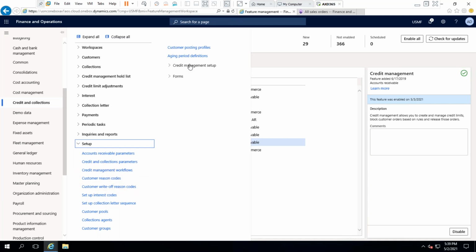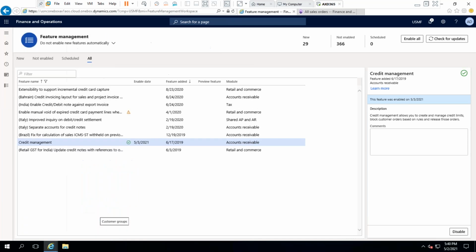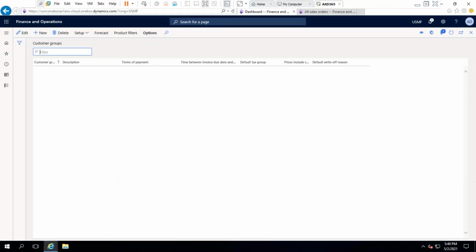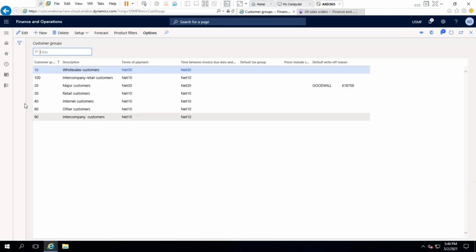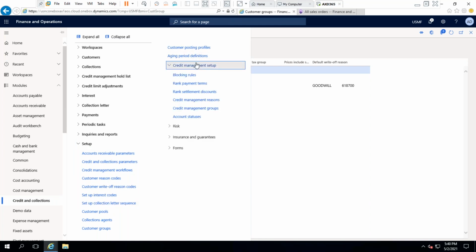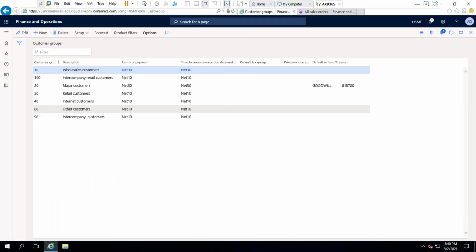Group credit. Customer groups. Yeah, exactly. In this credit management, you will have credit management groups.